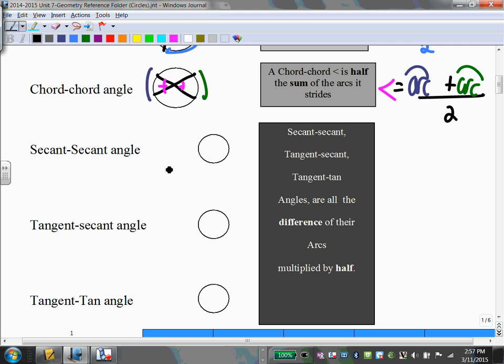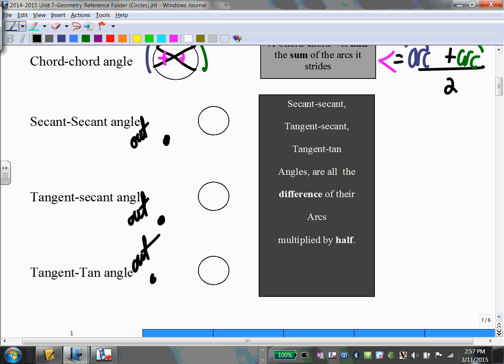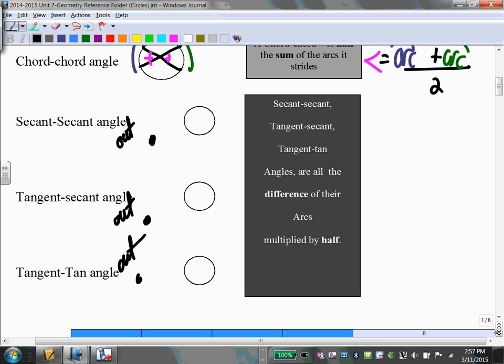The next 3, the vertex is outside. Same position, same equation. If they have the same position, they're going to have the same equation. That's right. So secant goes through.